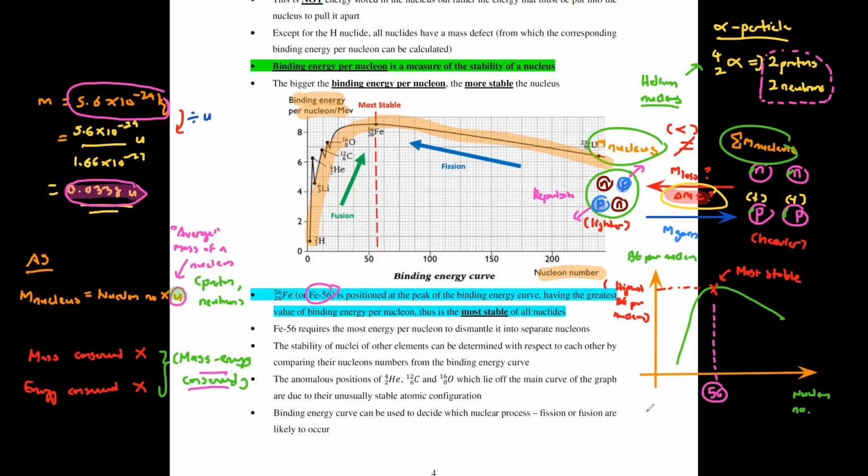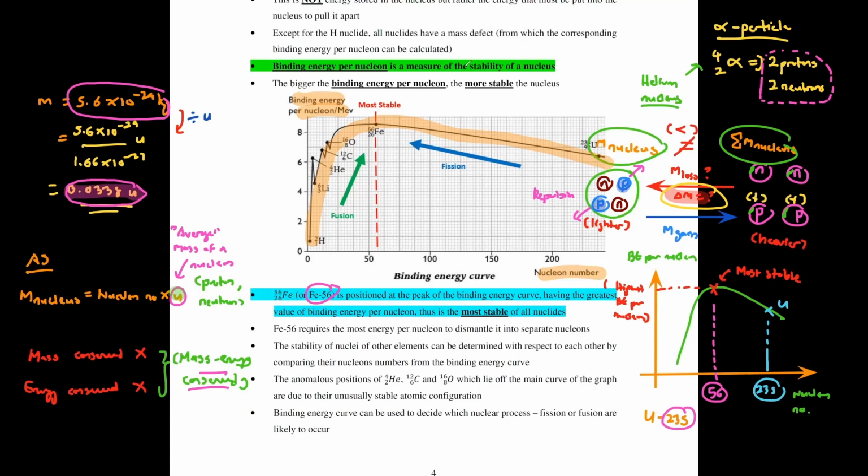Let's say I ask you to plot uranium 235. You know this one is 56, so 235 must be towards the right side. It will probably be somewhere around here.